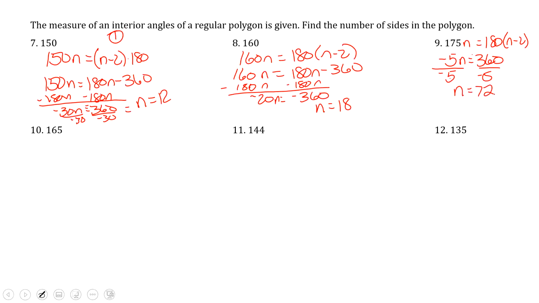So a 72-sided figure, the interior angles are going to be 175 degrees. Again, with the 165-degree angle, this is going to be negative 15n equals negative 360. Again, we'll divide that through. We have n equals 24.